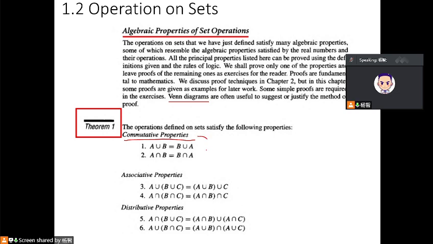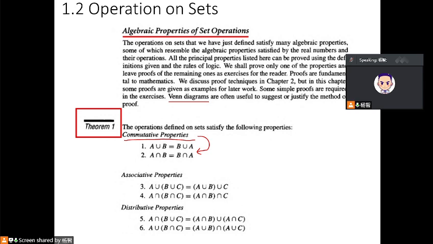In this property, we know that A union B equals B union A. The intersection of A and B is equal to the intersection of B and A. Okay, this is easy to check whether it's wrong or right. You can easily check this is right. A union B equals B union A.